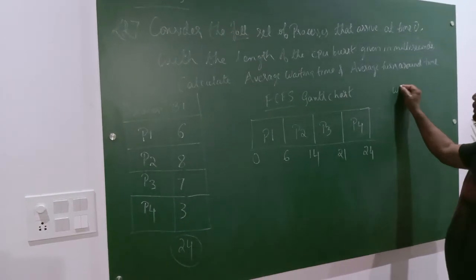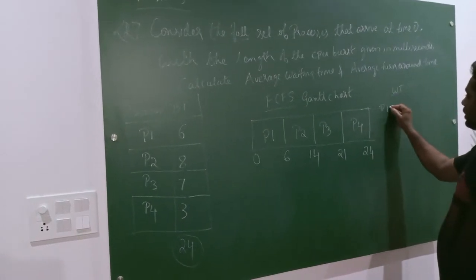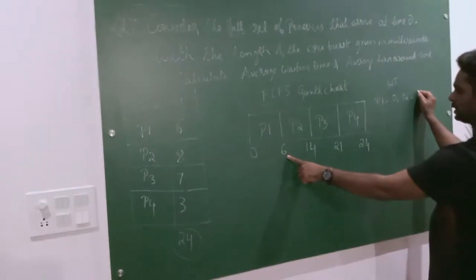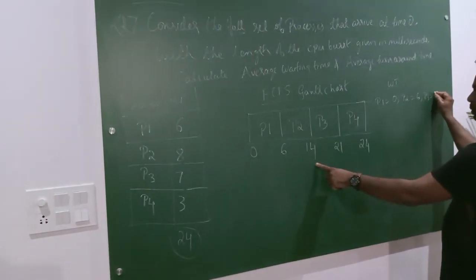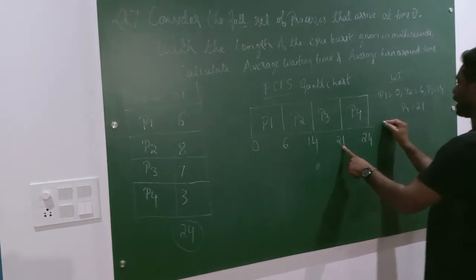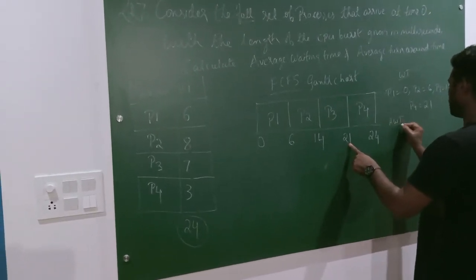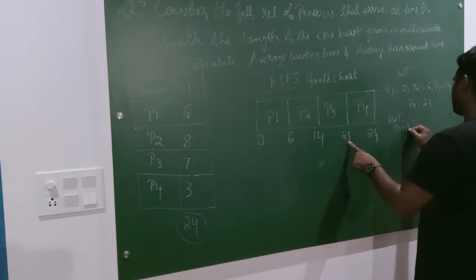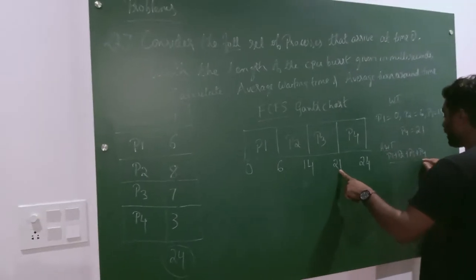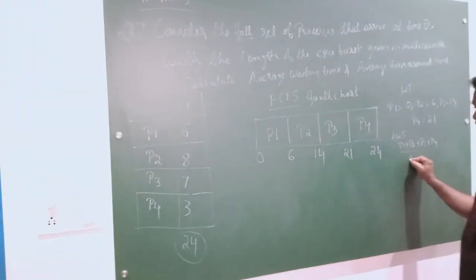And waiting time, you can easily solve. P1 towards left, waiting time 0 seconds. P2, 6. P3 is how much? 14. P4, 21. So average waiting time will become what? P1 plus P2 plus P3 plus P4 divided by total number of processes, how much here? 4.